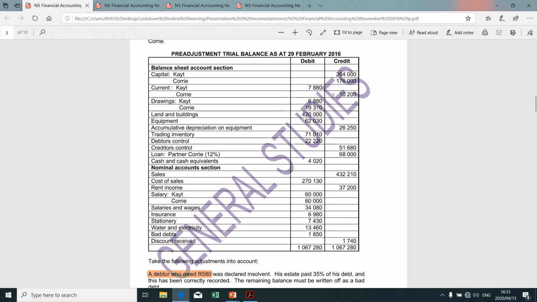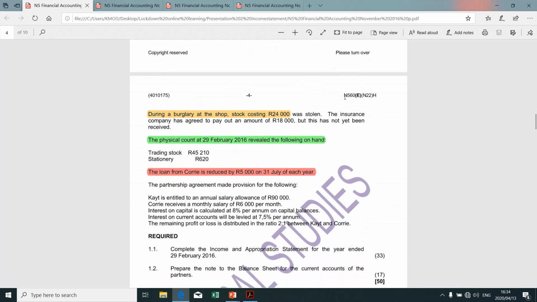As you can see, Kite's balance had a debit side, so the interest on current account will be reflected on the debit side of Kite's current account because it reflects a decrease in Kite's share of interest in the partnership. And Corey's has a credit balance, therefore the interest on current account relating to Corey will be reflected on the credit side as it entitles Corey to interest on current account since Corey has a favorable or a credit balance on the current account.